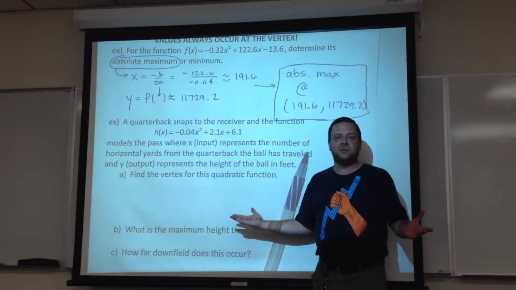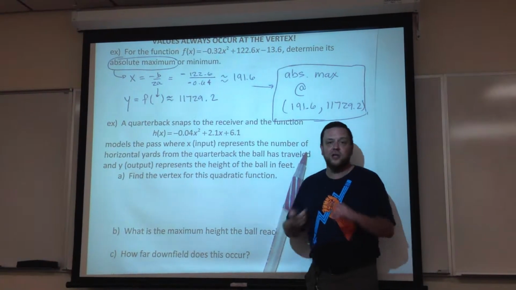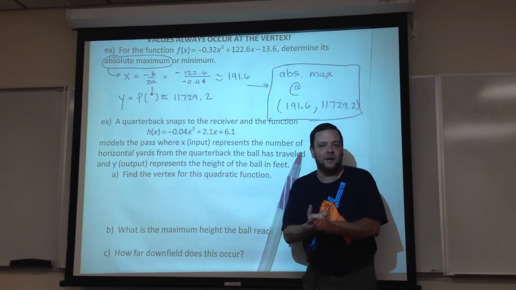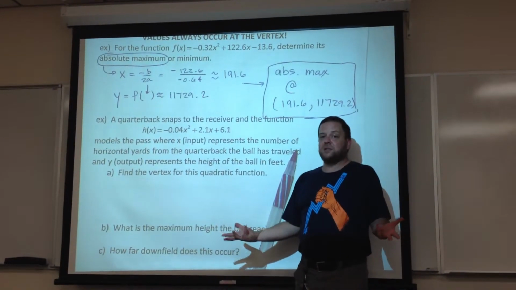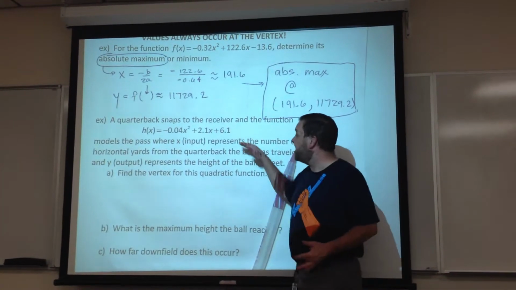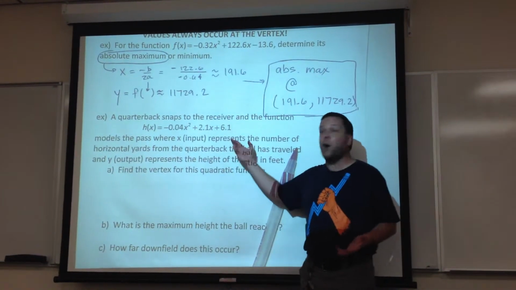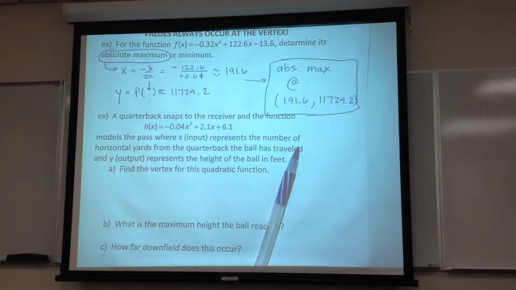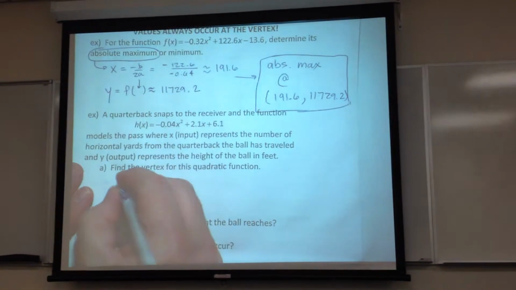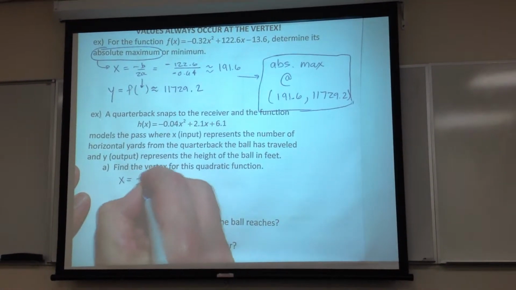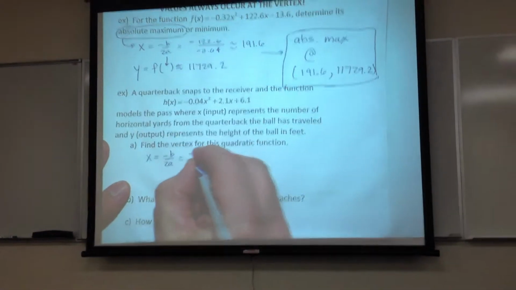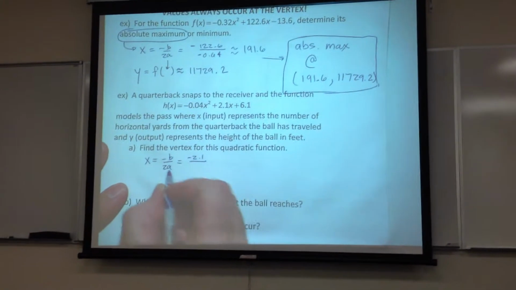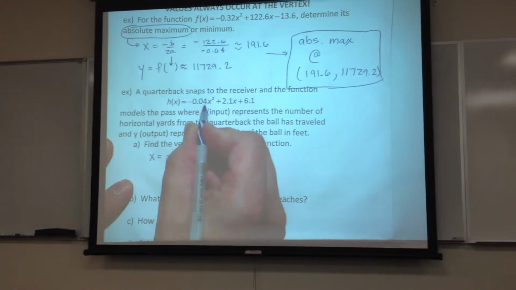Okay? So first things first, this is a quadratic function. Let's just find its vertex, because it still fits the pattern. You can use x equals negative b over 2a, plug that back in to get your y, and that should be the vertex. It's true for any quadratic function, no matter how loopy the coefficients look. So my x calculation: x equals negative b over 2a, negative b is negative 2.1, 2 times a is negative 0.08.